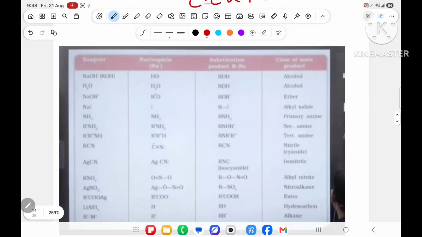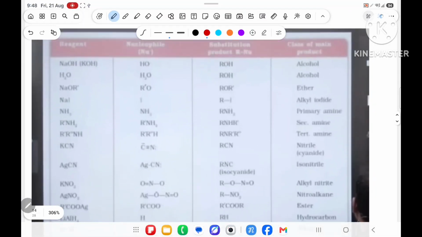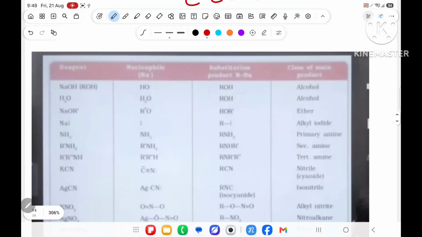Direct reaction is coming. Now something is given in your NCERT book. Up to this visible? Sir, visible. We have to see what they are trying to say. Very important part. Over here, they are saying that we have a reagent and we have to react that reagent with RX. This will go and R will attack. Over here, OH minus is there, it will do SN2. Over here, H2O is there, it will do SN1.